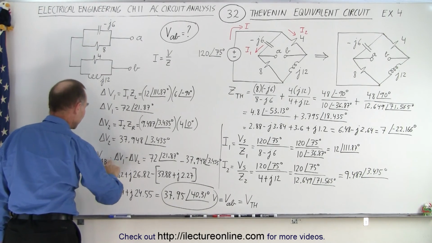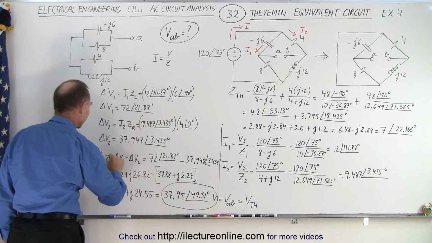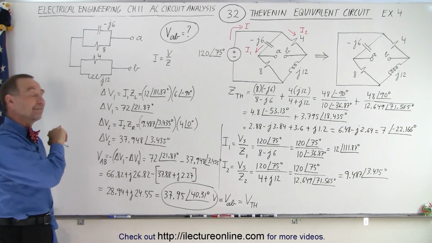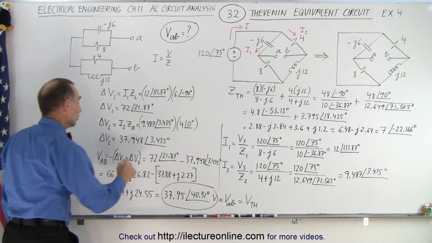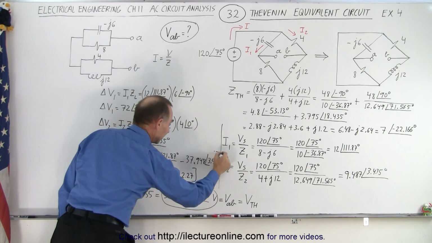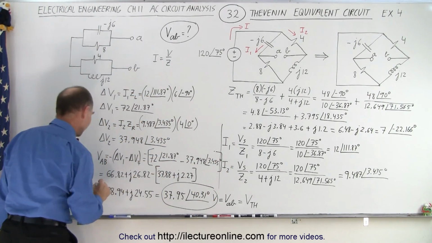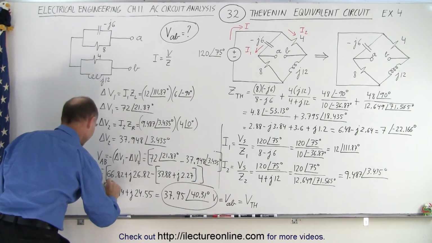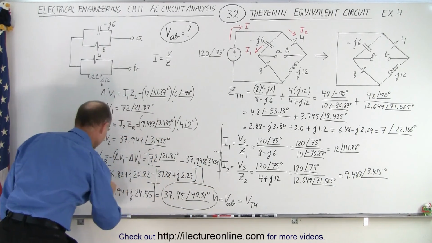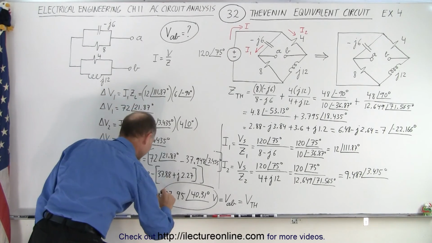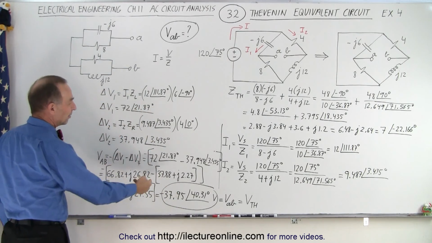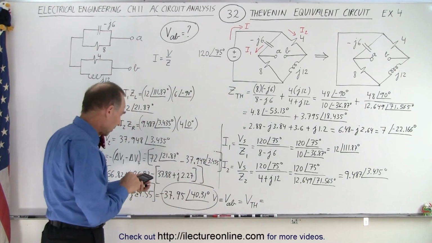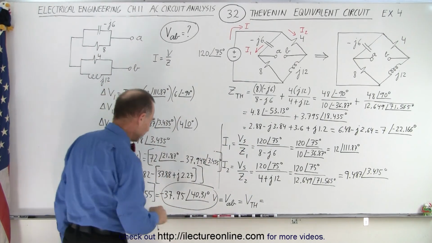So if you want to be technically correct, we should really put brackets around it and say the negative of that, which means that we should add 180 degrees. So if we take 40, we can just add it in.